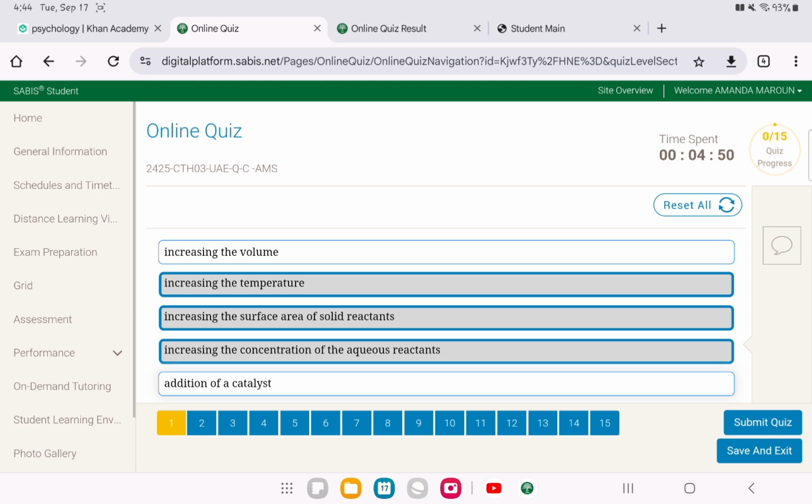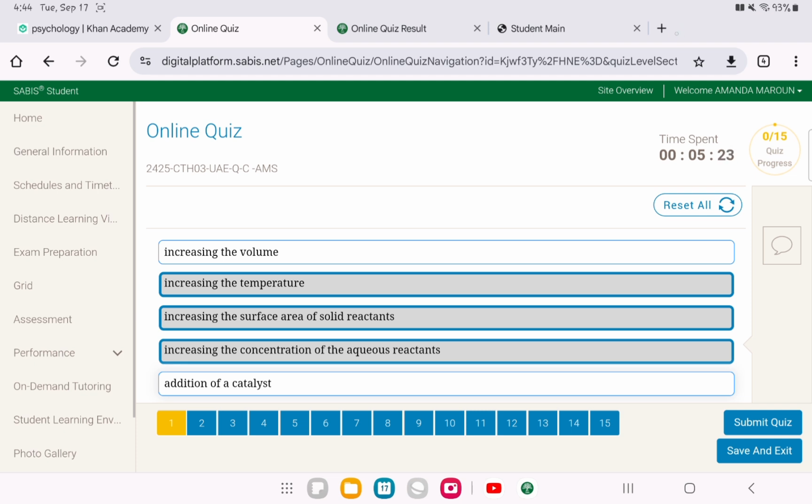So the collisions will be more, since there are more particles to move together. What does it mean to increase the concentration? You're going to be adding more particles, okay? So these particles will increase the concentration of the aqueous reactant, okay? And there will be more likely collisions with the other particles, okay? So this is increasing the concentration.